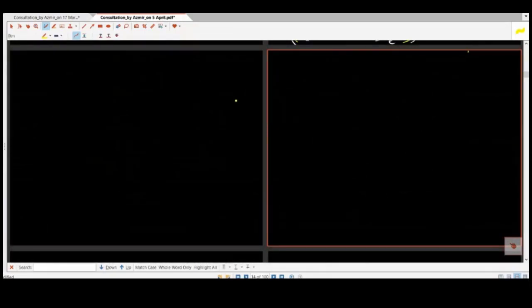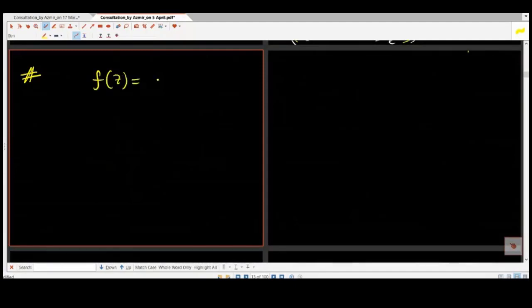So let's have a look at one example from which we can understand that yes, complex exponential functions are single valued. Let's say we have a function f of z equals e to the z, which is the exponential function. Let's say this is w.